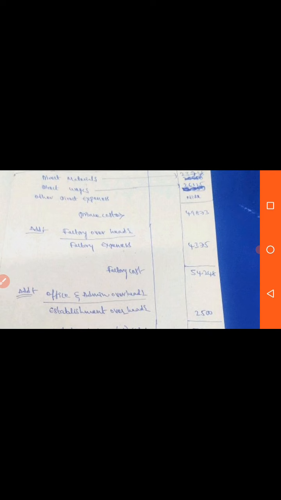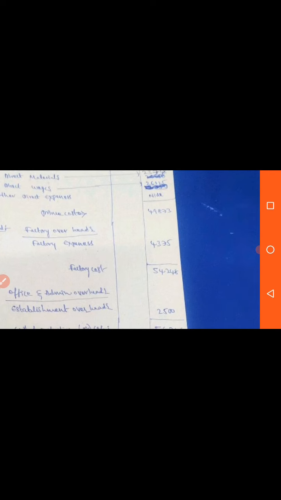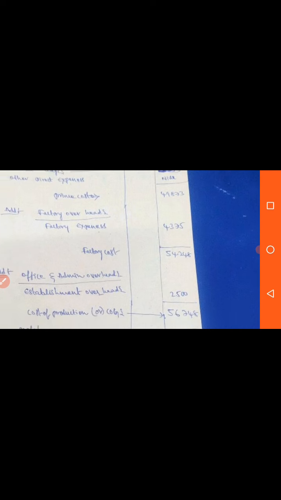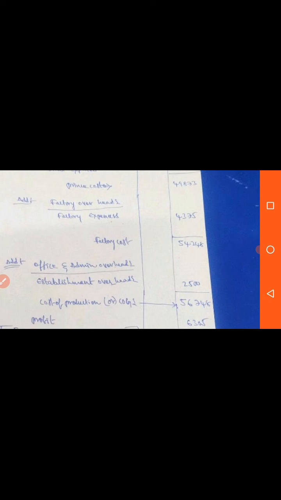Factory expenses already calculated, 4,375. So prime cost plus factory expenses equals factory cost, 54,248. Next, office and administration overheads.